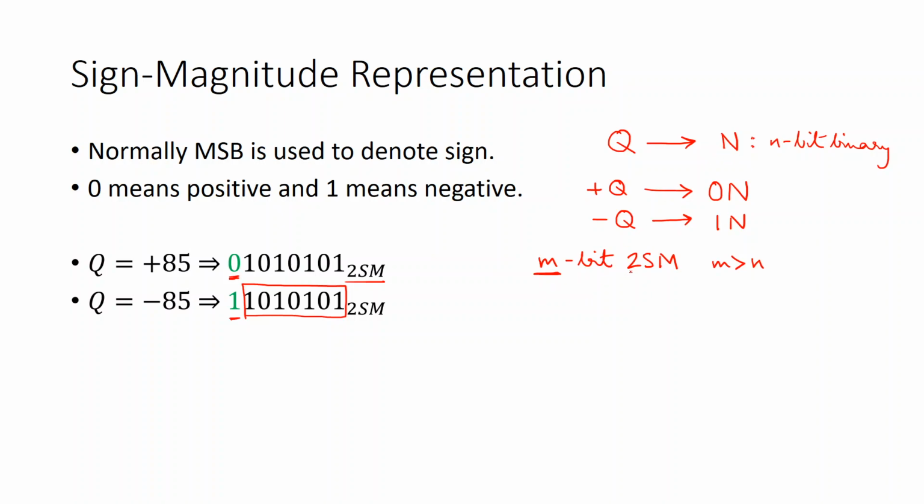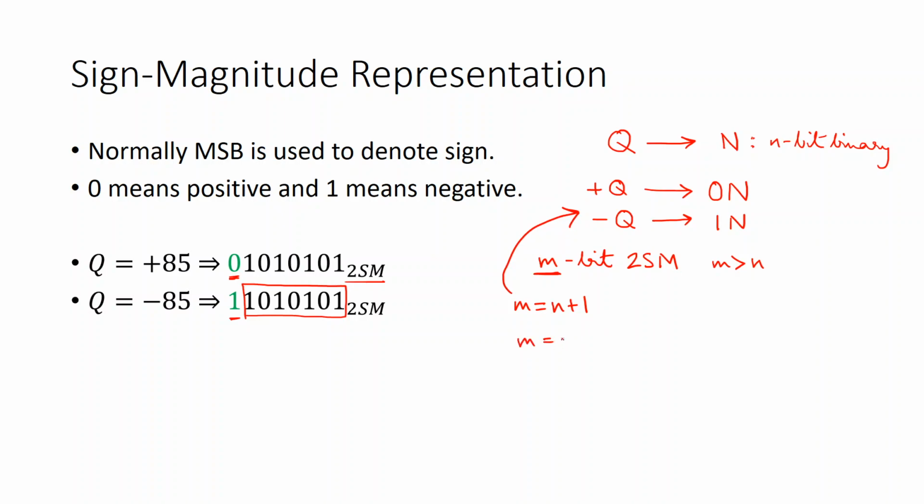So your binary sign magnitude must have at least one bit more than n, so m must be greater than n. If your m is n plus 1, then plus Q and minus Q are like this.